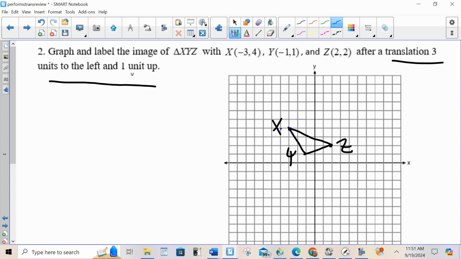For X, 1, 2, 3 left, 1 up. For Y, 1, 2, 3 left, 1 up. For Z, 1, 2, 3 left, 1 up. Connect them. Boom. There it is. It says graph and label it. It's labeled. I'm done.